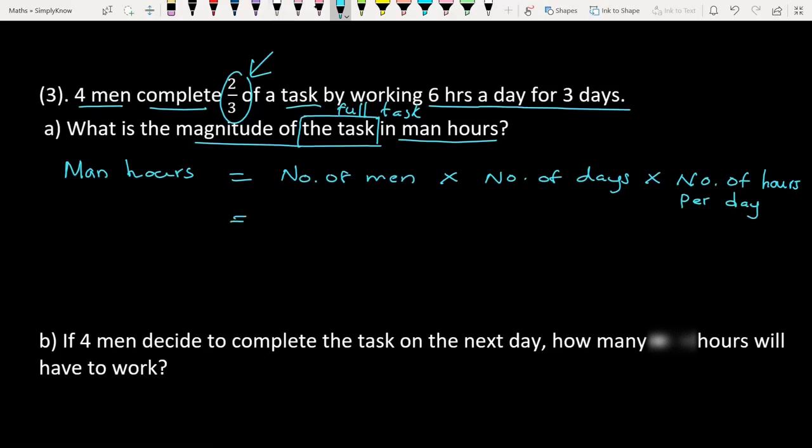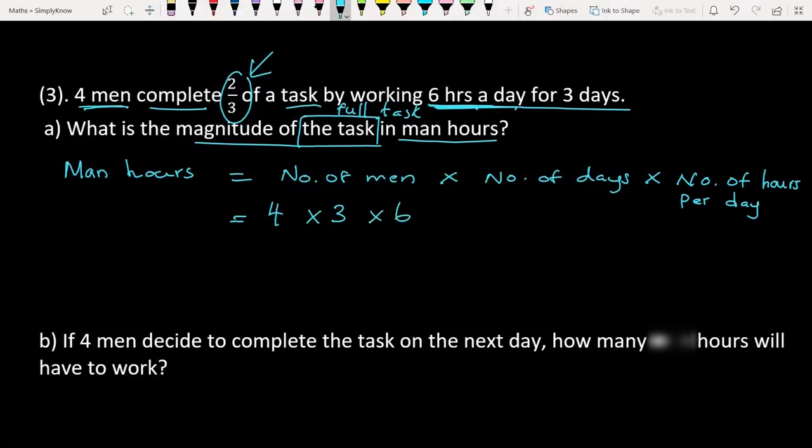So according to the details, 2/3 of the task is completed by 4 men. So number of men 4. And they work for 6 hours a day for 3 days. So number of days 3. And per day they work 6 hours. So multiply by 6 because they work for 6 hours per day.